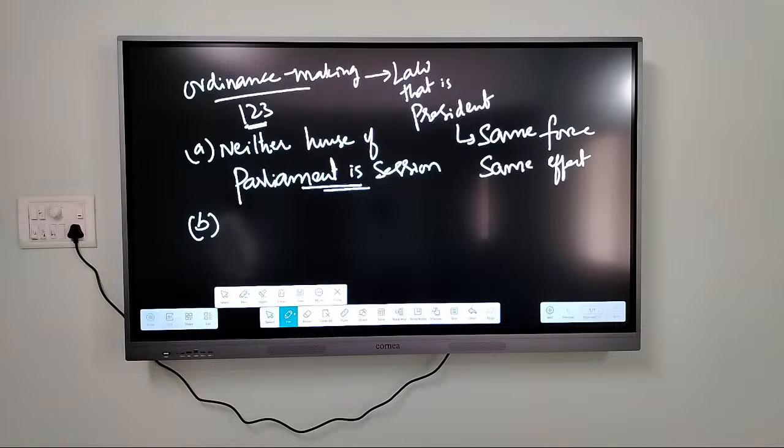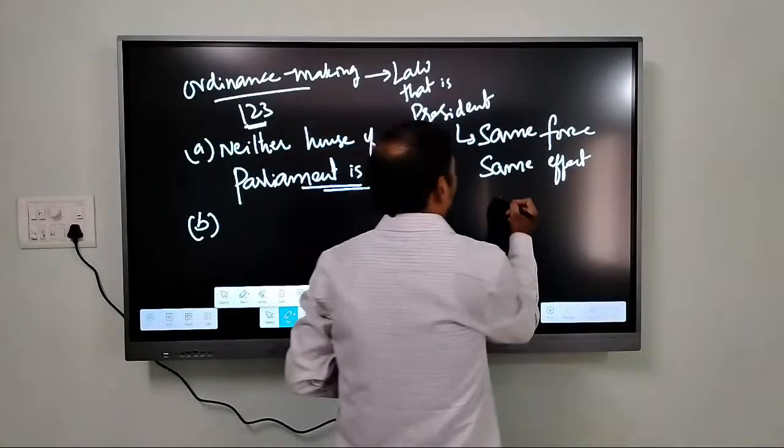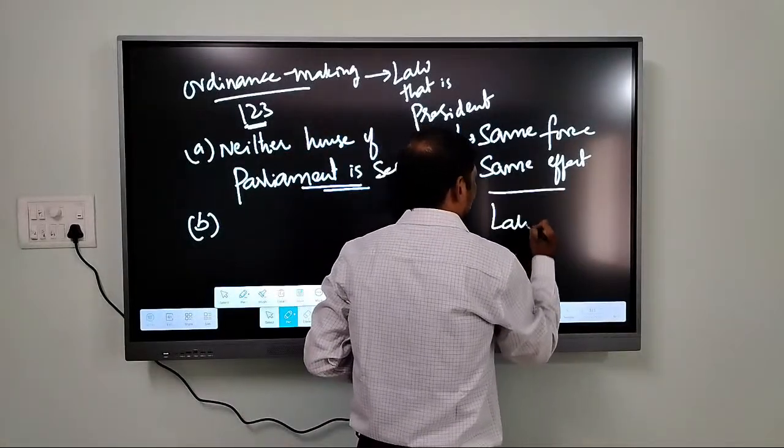So simply, ordinance means it is a law that is made by President which has same force and same effect as that of law of legislature.